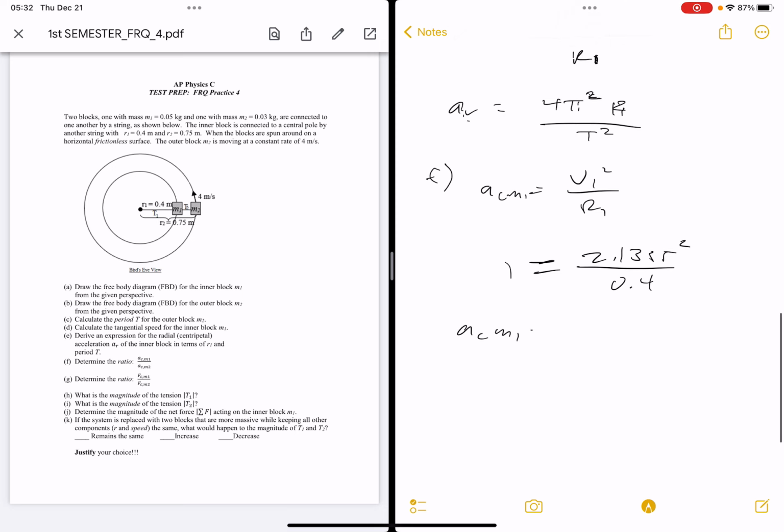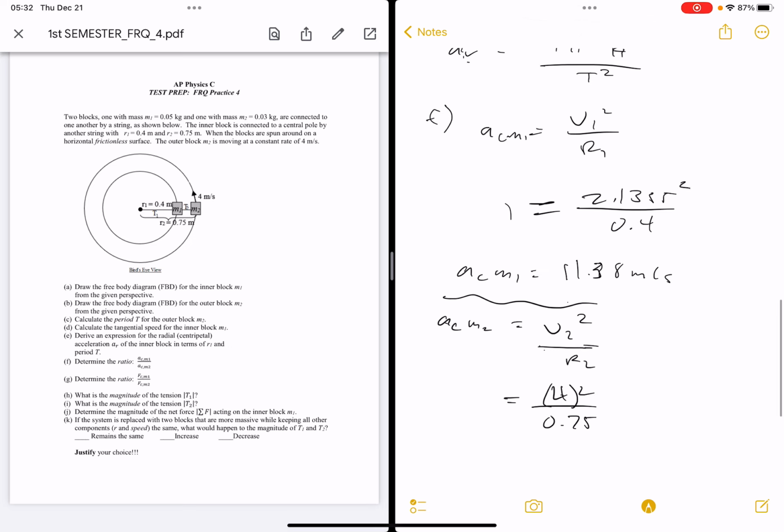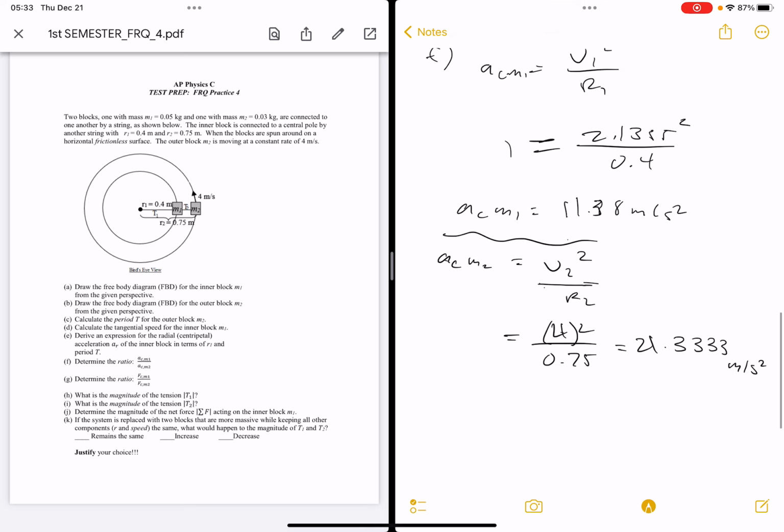So ACM1 just equals 11.38 meters per second squared, and ACM2 equals V2 squared over R2, and that's just equal to 4 squared over 0.75, and that just equals 21.3333 meters per second squared.